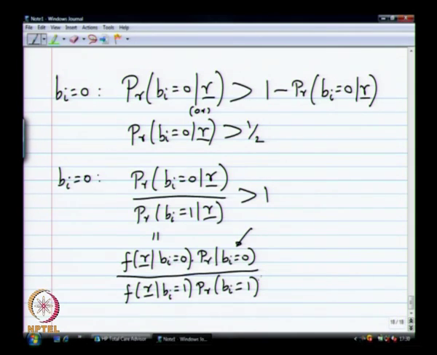Remember what these are? These are a priori probabilities. If you assume your messages are equally likely and your code is reasonable, meaning the code will not be such that some bit is 0 all the time, you do not want to send a code where one bit is 0 all the time, you might as well not send it.